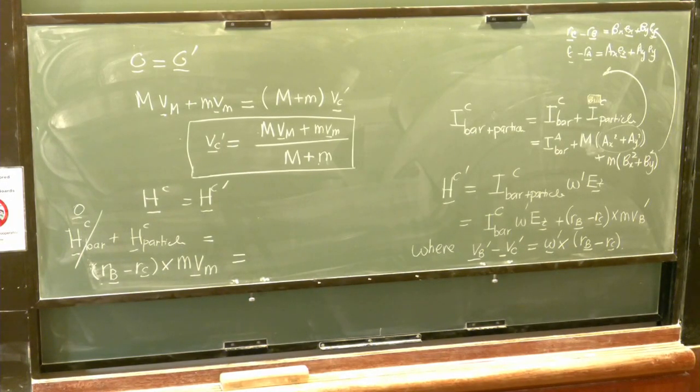Would it be that case, because it's just the final velocity? Or v_B prime, not v_C prime? They're not the same, right? Because there are two material points on the same rigid body, and we know that different points on the same rigid body can move differently. So v_B prime is not equal to v_C prime. Actually, v_B prime minus v_C prime, you see the equation just under it? v_B prime minus v_C prime is omega prime cross r_B minus r_C.